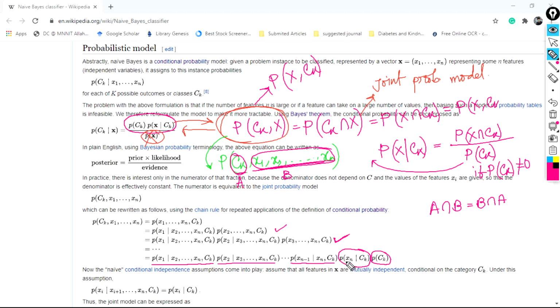So let's see how we will calculate this one. Before calculating, if we discuss an example using this, I think it will be better for you to understand. So let's take an example.